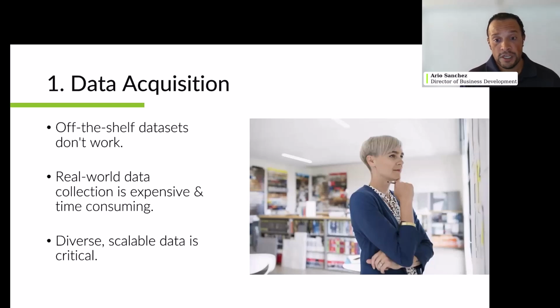And when it comes to off the shelf, a lot of the pre-existing data may not be accurate. Also, it may lack the specific use cases in which you're trying to train your model. But to get real data is a very costly endeavor and can also take time. And when it comes to the real data, not only is collection or acquisition of the data important, but also ensuring that you have the right labeling and it's 100% accurate to ensure that the model's being trained on the correct things.